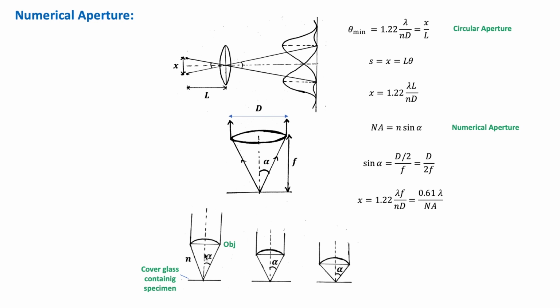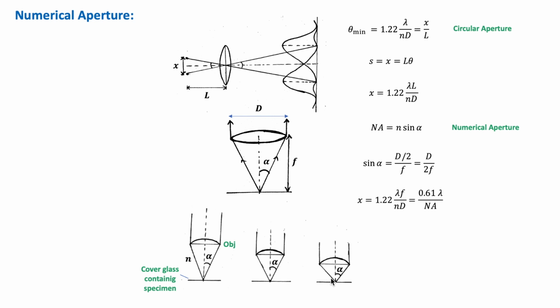So let's consider a microscope. The objective lens in a microscope shown here is the optical element that is closest to the specimen. The objective lens gathers light from the specimen, and the figure here shows objectives with different focal lengths.